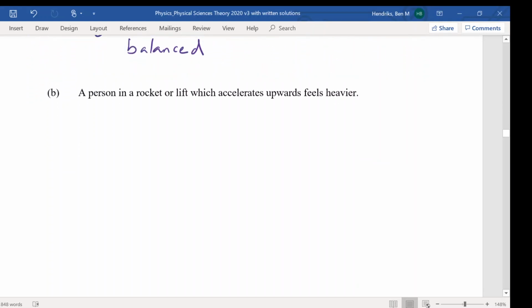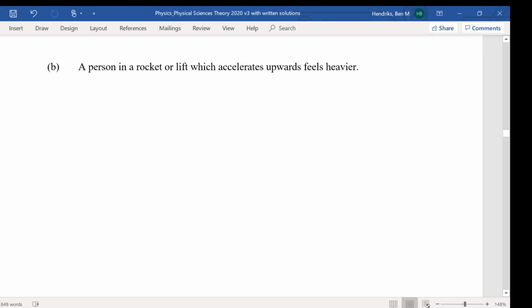Okay, a person in a rocket or a lift accelerates upwards, feeling heavier. So let's imagine that we've put a person on the scales. They're standing on one leg there, but they're about to stand on the two, I think. So these are our scales. Think about the forces acting on this person. So we've got our force due to gravity, mass times gravity.